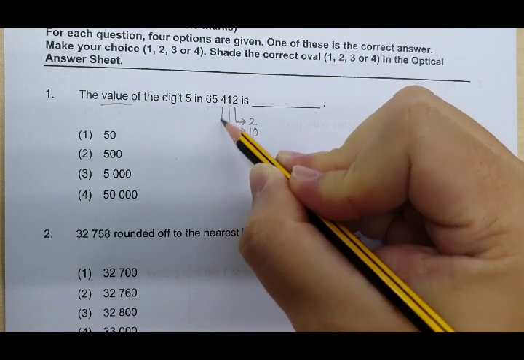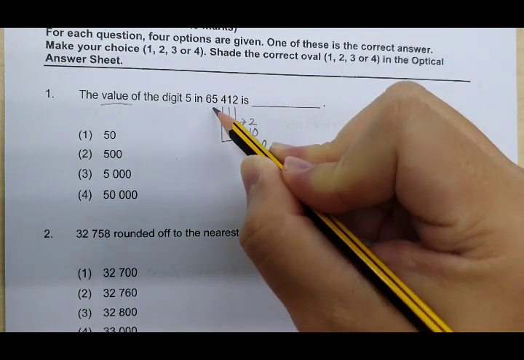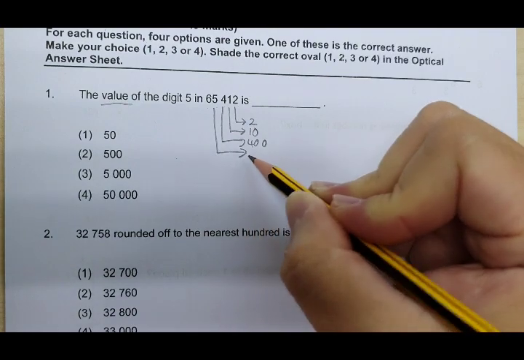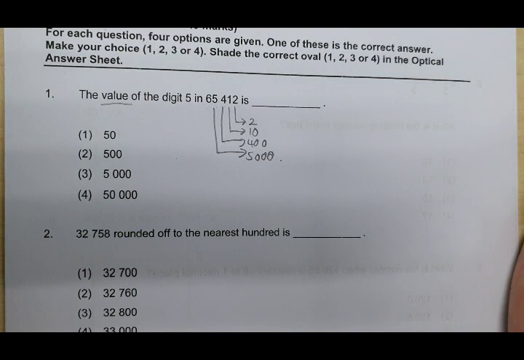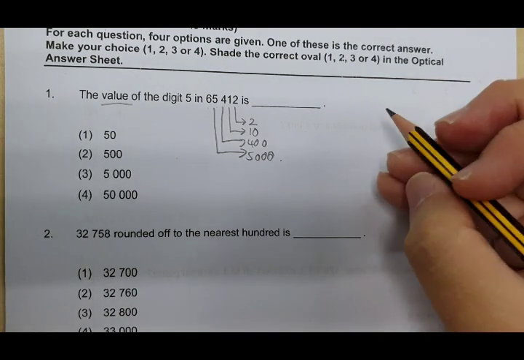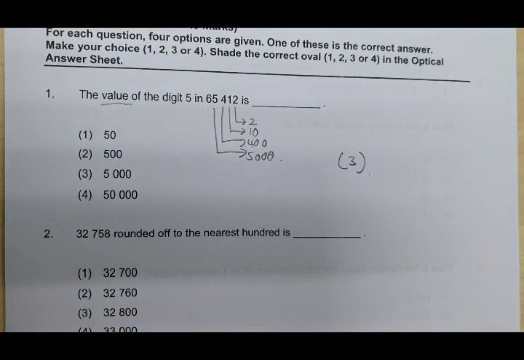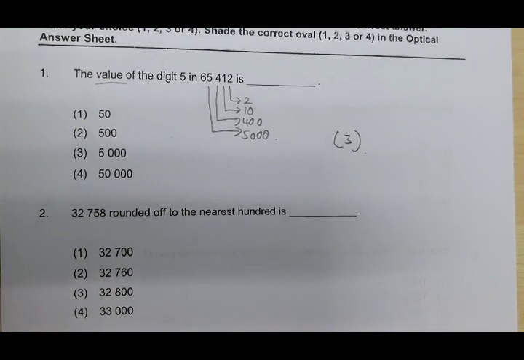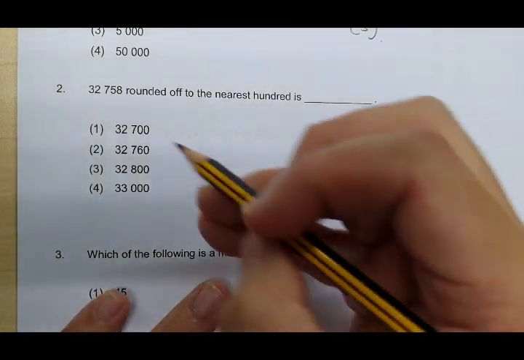The digit 4 has a value of 400. The digit 5 in this case will be 5,000. Okay, and so there you have our answer will be number 3. Alright, next one.